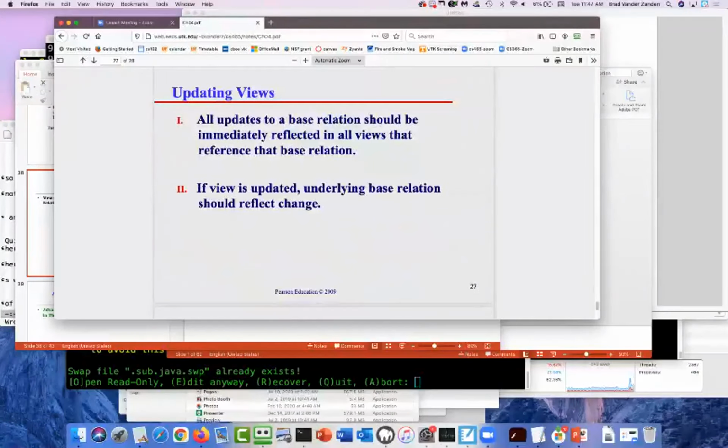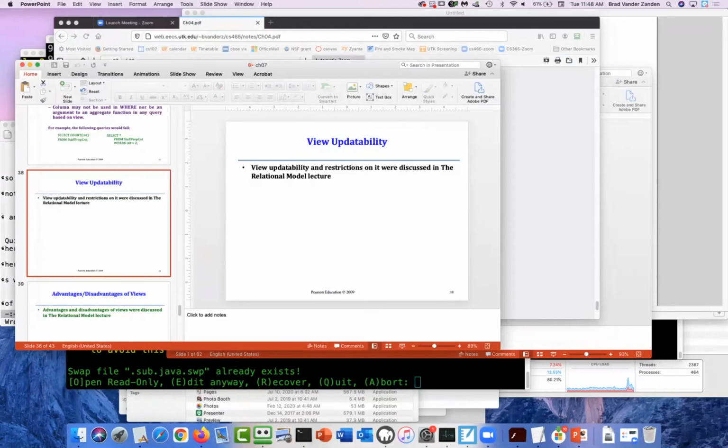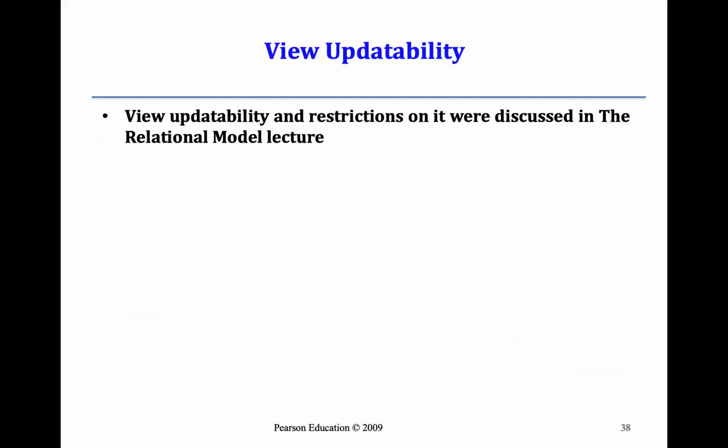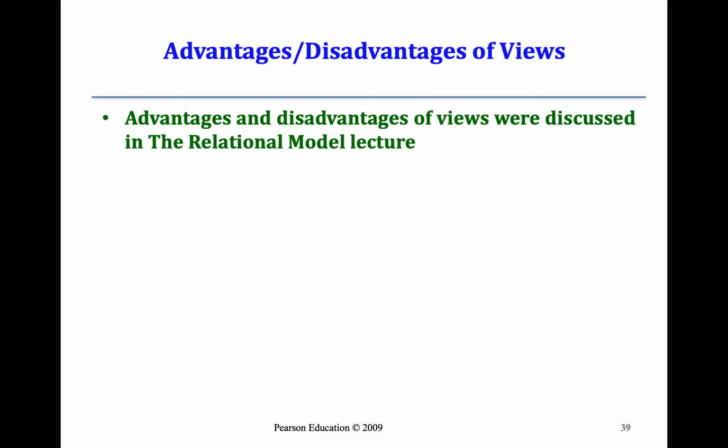I don't want to repeat what I already said, especially because I'm time limited today, but you can see what the restrictions on updating views are. We also discussed already the advantages and disadvantages of views. Same set of slides. Have a look at what the advantages and disadvantages are.